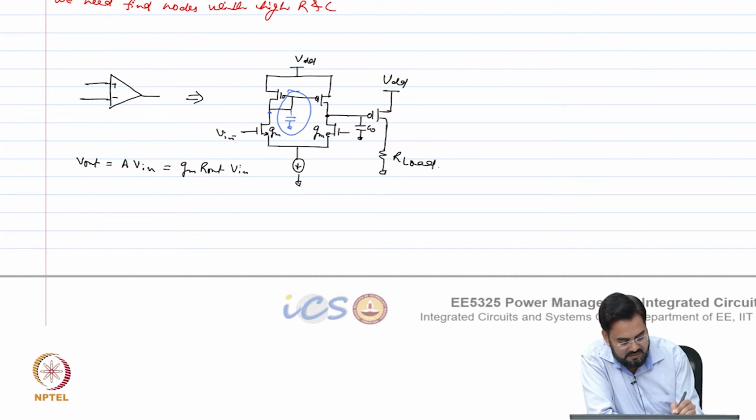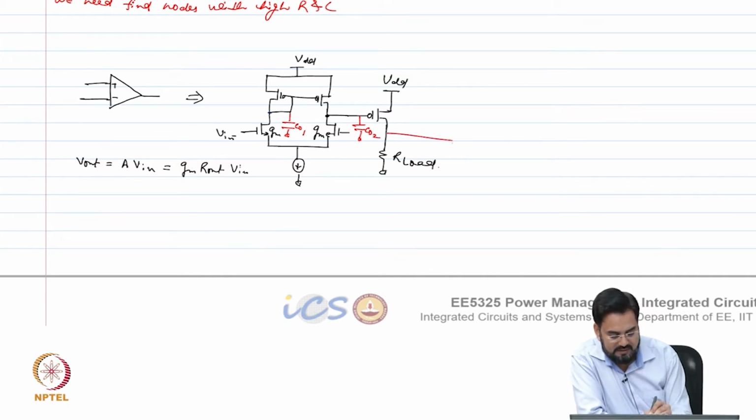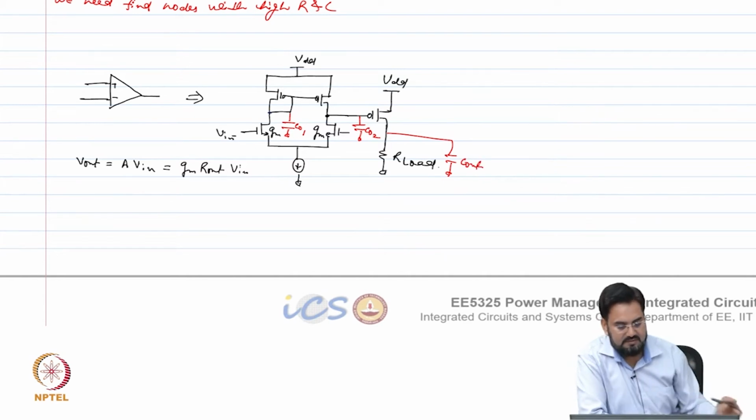Let me change the color for this also. CO1, CO2, and then I have another cap which is your C out.